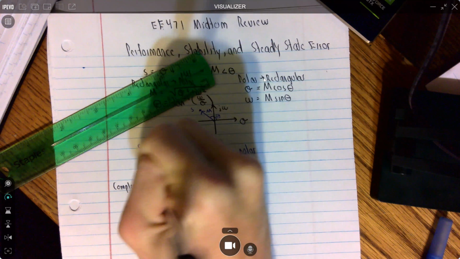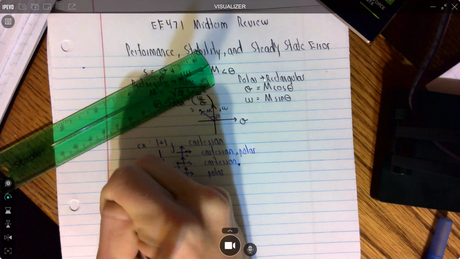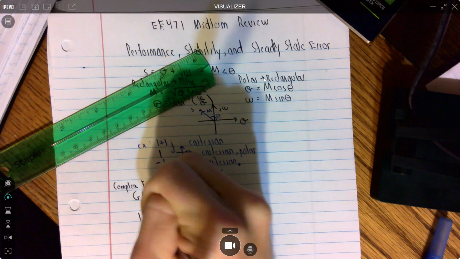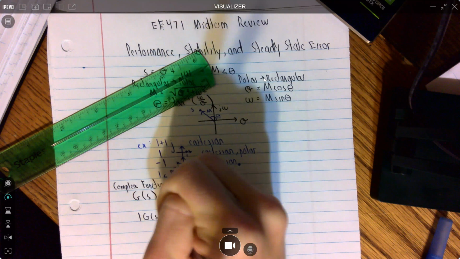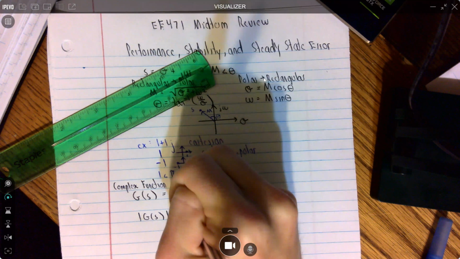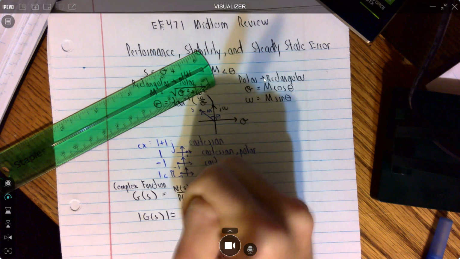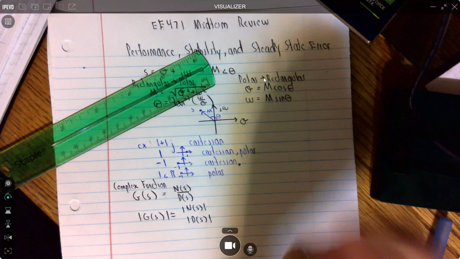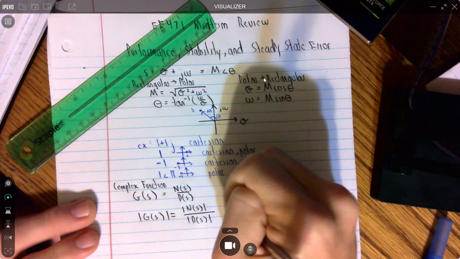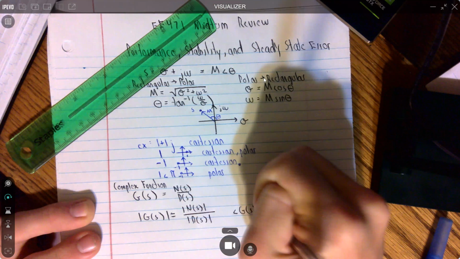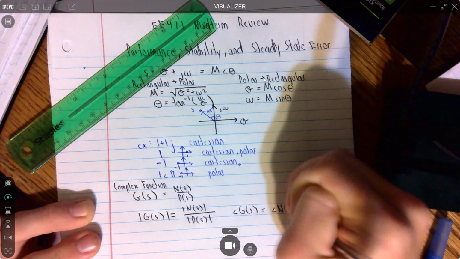If we're going to find the magnitude of G of s, that's going to equal the magnitude of the numerator over the magnitude of the denominator. If we have to find the phase of G of s, that's going to be the phase of the numerator minus the phase of the denominator.